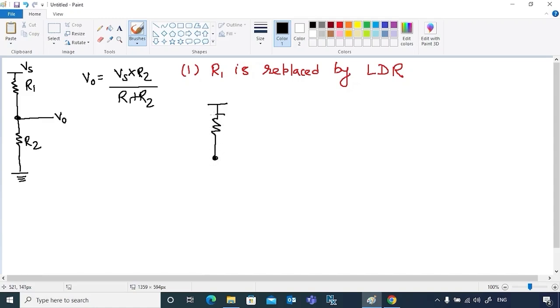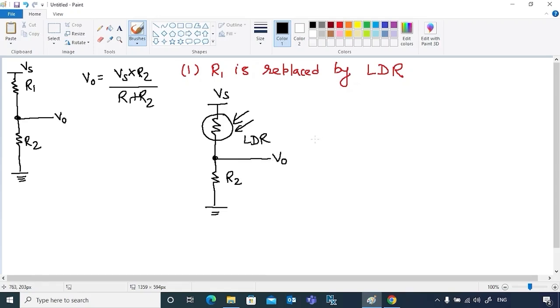So this is the LDR symbol, and this is again the R2 normal resistor. Here is the LDR, and this is the VS, and here we require VO.